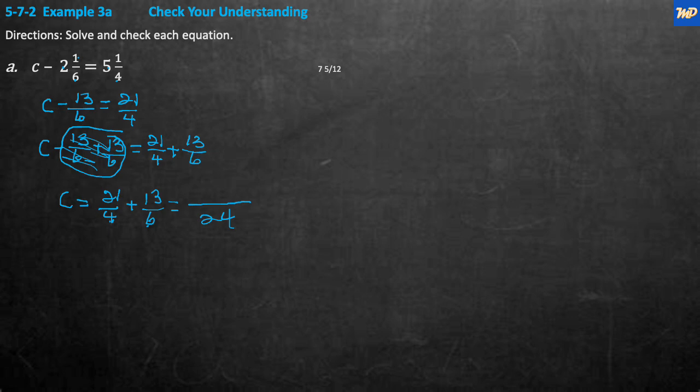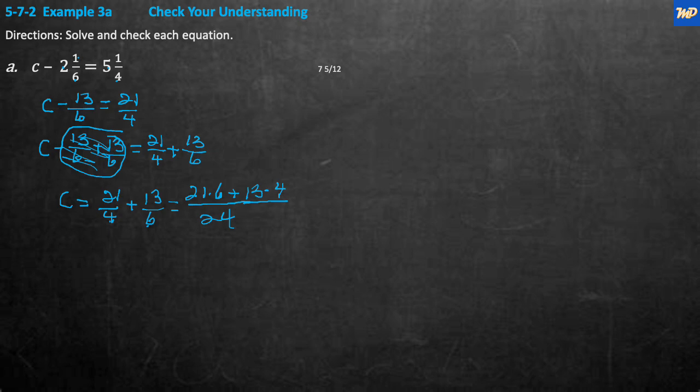And we're going to cross multiply the 21 with the 6. 21 times 6 plus 13, I'll extend the line, times 4. Do you see where we got those? The 21 comes from the left-hand fraction here, 21 fourths, and the 6 is the denominator from the 13 sixths. And then for the 13 times 4, it's just the opposite. The numerator from the 13 sixths times the denominator from the 21 fourths.